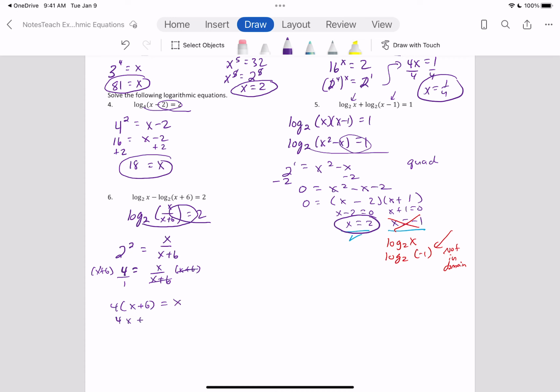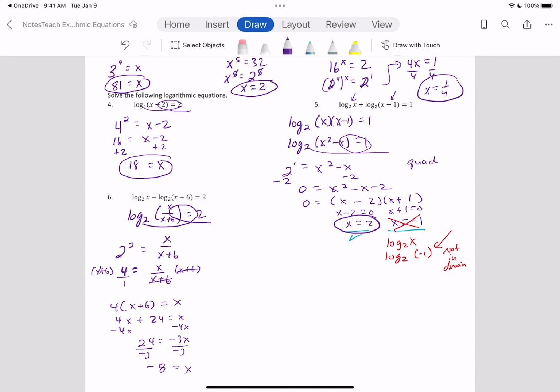So I get 4x plus 24 equals x. It is linear, so I get 24 equals negative 3x. And if I divide by negative 3, I get x is equal to negative 8.